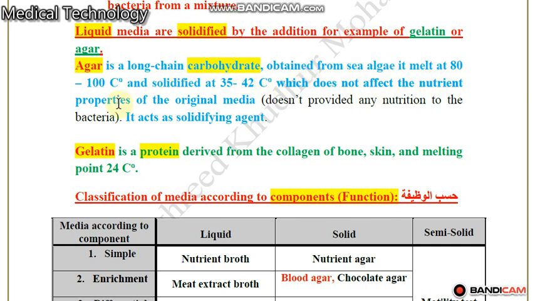It melts at 80 to 100 centigrade and solidifies at 35 to 42 centigrade, which doesn't affect the nutrition properties of the original medium. It doesn't provide any nutrition to the bacteria. It acts as a solidifying agent.